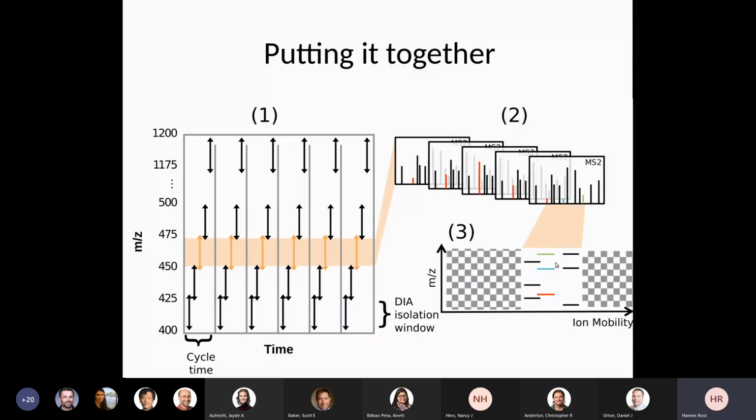What we see here is that these three fragment ions in color, which are assumed to be the fragment ions of a single precursor, can be separated in ion mobility from the other fragment ions shown in black, which are interfering fragment ions produced from other precursors that just happen to be in the same mass to charge window.